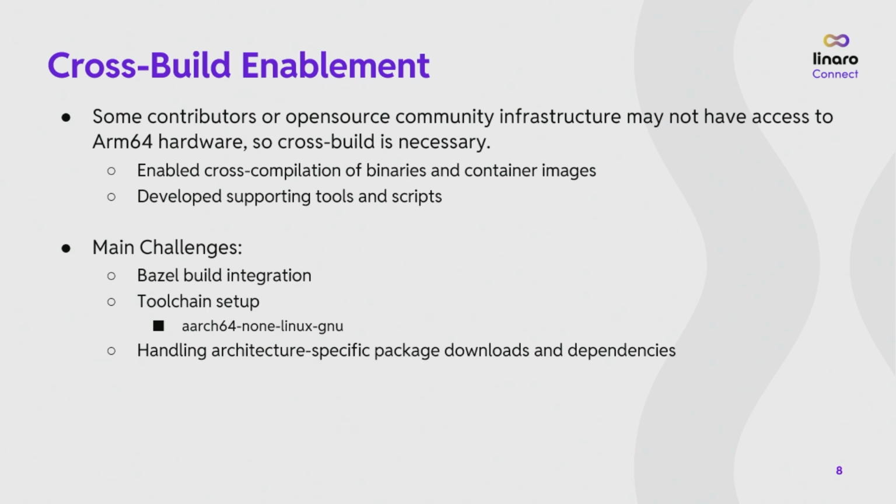Another issue is that KubeVirt installs a lot of RPM packages in its components. We need to find an effective way to manage the architecture-specific packages: their download, their version, their checksum, and their repository resource.